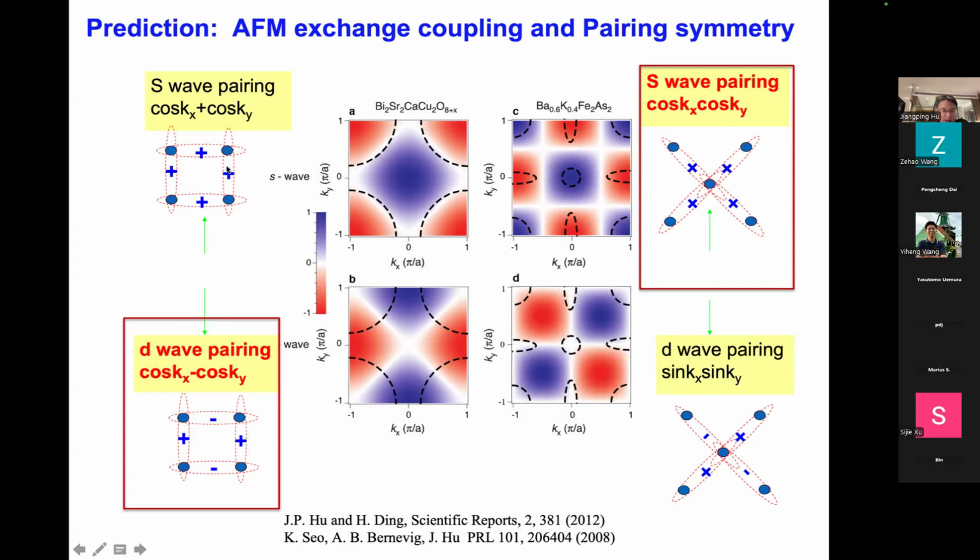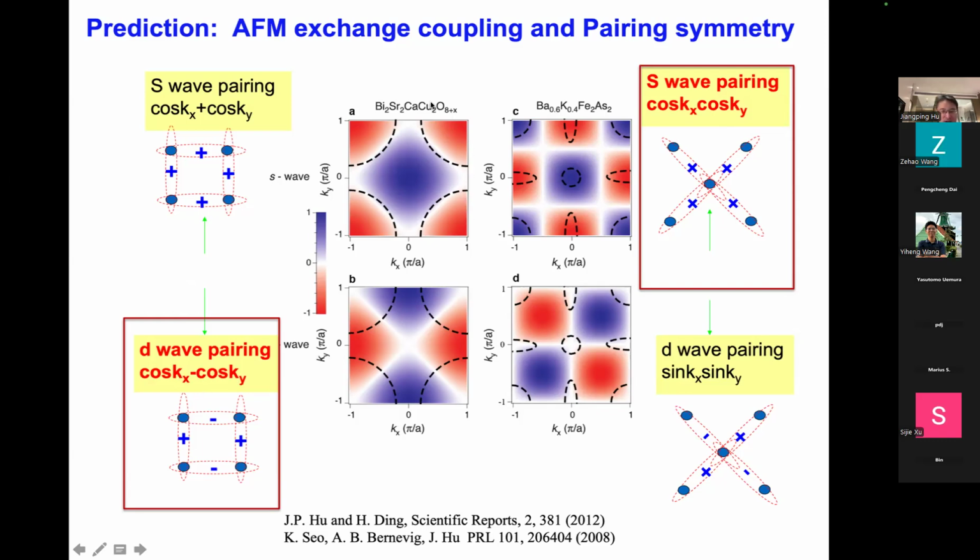So the pairing is pinned to the nearest neighbor electrons on copper paired. They can have S wave, and they also can have D wave, like in real space like this. For the S wave, the form factor will be cosine kx plus cosine ky, and for the D wave, the order parameter will be cosine kx minus cosine ky.